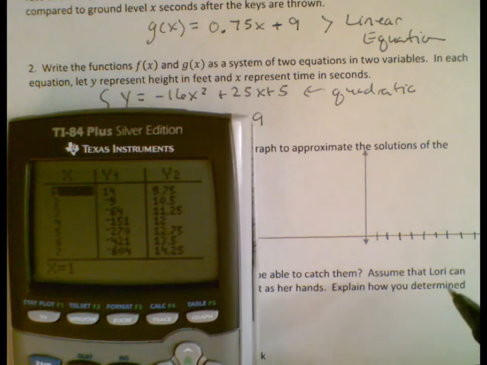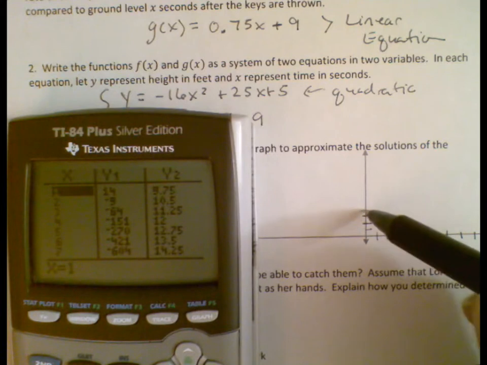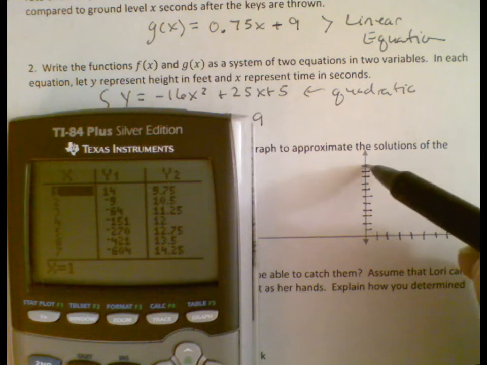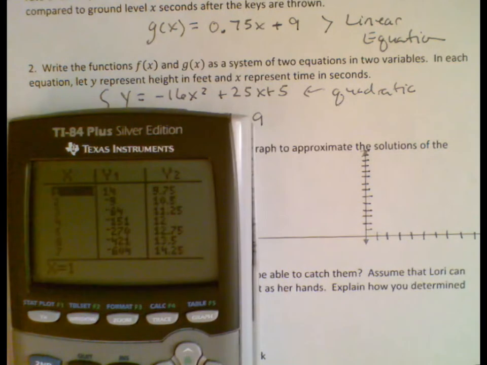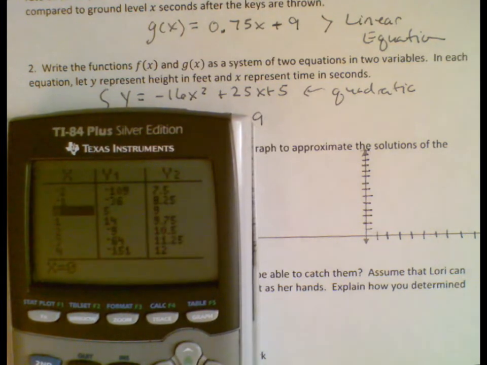I don't know why I have this extra line to back in the negatives on the x scale. So I put 10 tick marks there. I'm going to do maybe 4, 6, 8, 10, 12, 14. Okay, so the linear one goes to, well, I know my y-intercept is at 9.